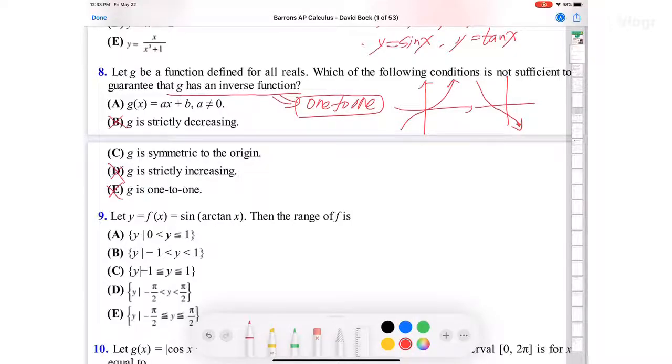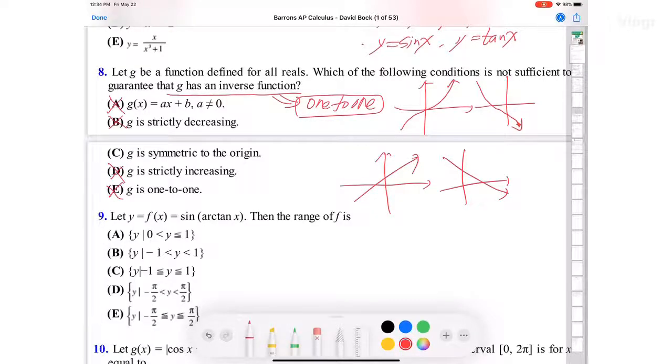That means it's a linear equation, so it keeps increasing or keeps decreasing because a is not 0. If a is 0, it's a constant function that has no inverse function. But if a is not zero, it keeps increasing or keeps decreasing. That means a one-to-one function, right? So A guarantees that g has an inverse function.